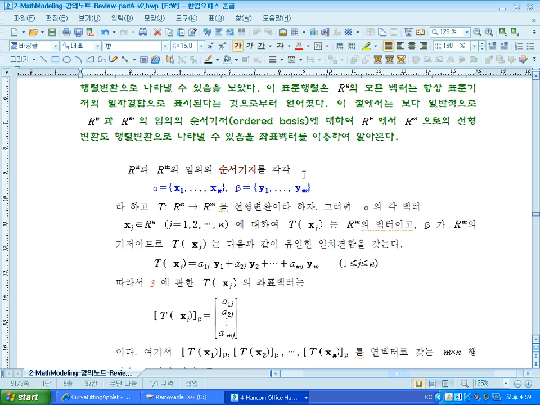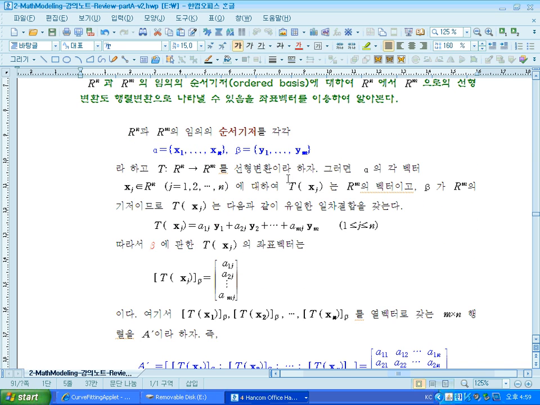So when we have a linear transformation T from a vector space Rn to vector space Rm with the bases alpha and beta respectively, then we can always find the matrix representation of this linear transformation T with respect to this ordered basis alpha and beta.